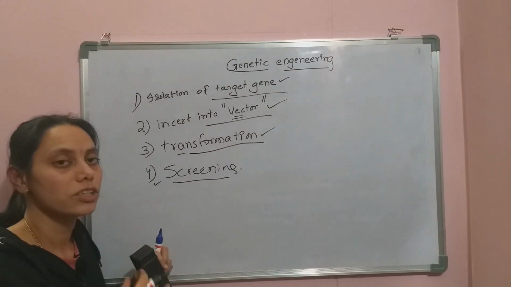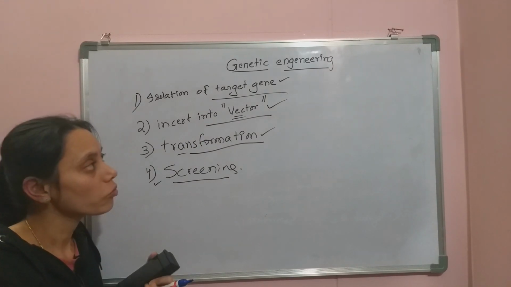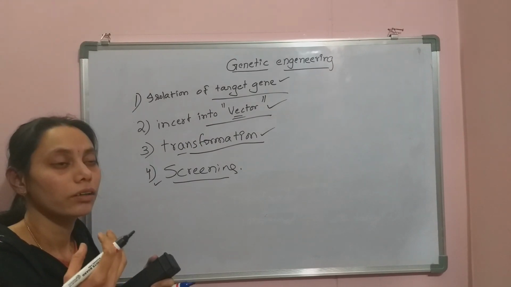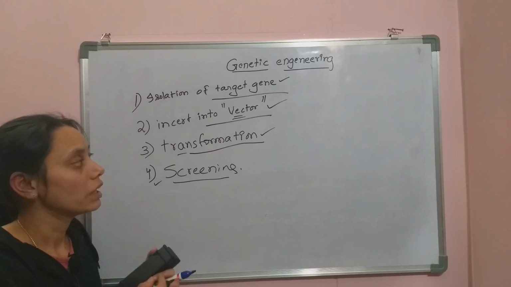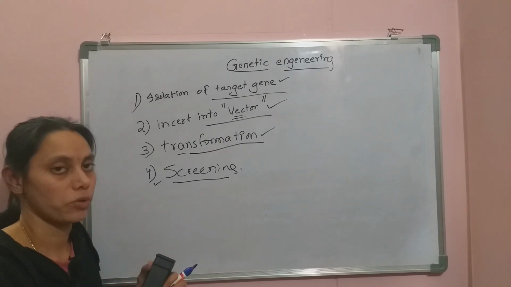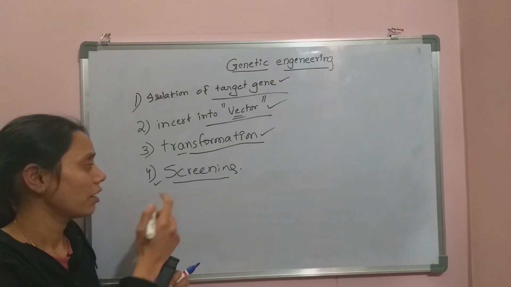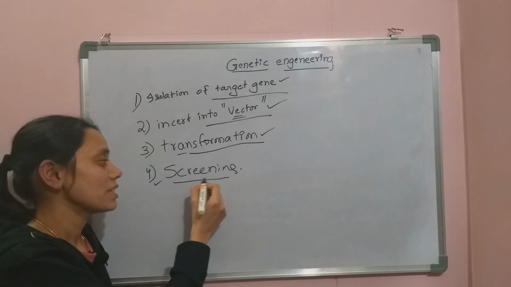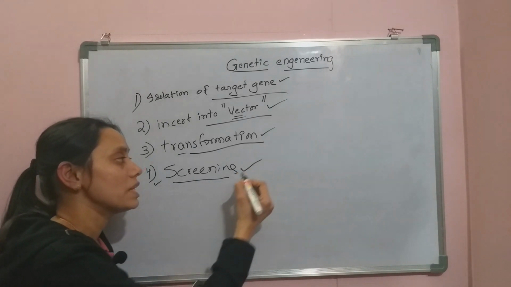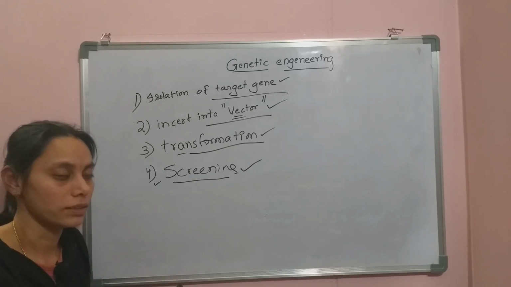That means the target gene is amplified into a number of copies, or if it is an expression vector, the target gene is able to produce the desired protein in high amount. During the screening process, we select the transformed cells, that means genetically modified cells.